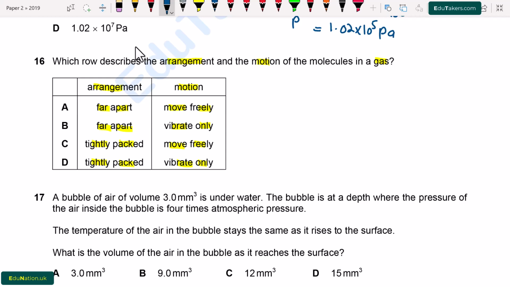We know that the gas molecules are far apart from each other. I draw here. This is a system containing gas and the molecules are very distant apart from each other as the spacing between the molecules are very large, so they can move freely. So option A is correct, which shows that the arrangement far apart and they move freely.